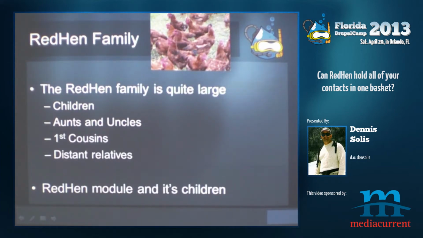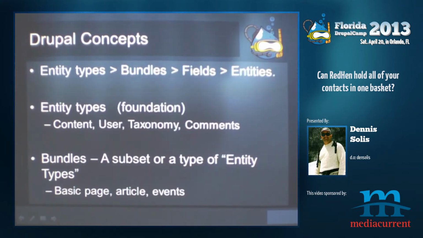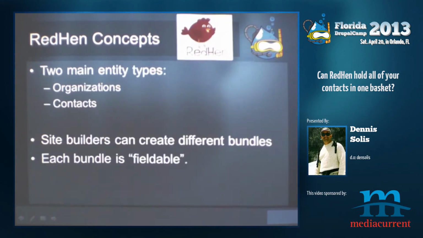Okay, so we're going to be looking at the RedHen module and its direct children because there's just not enough time to look at everything. So, everybody knows what entity types, bundles, fields, and entities are, correct? Yes, no? Yes. Okay, cool. So we won't go through those. They have 2 main entity types within RedHen, and that's the organization and the contact.